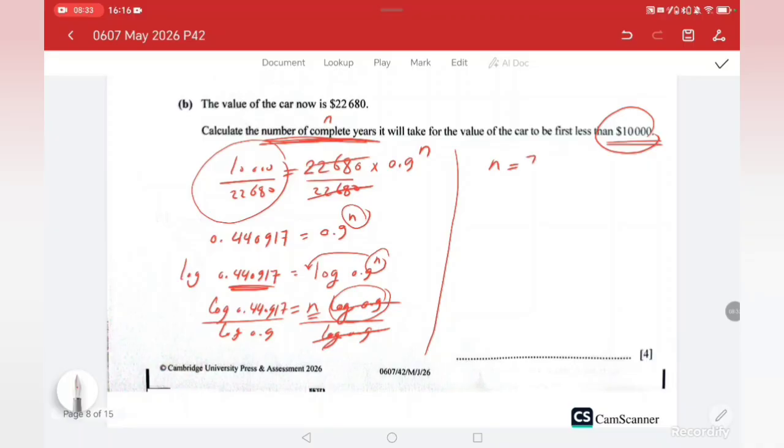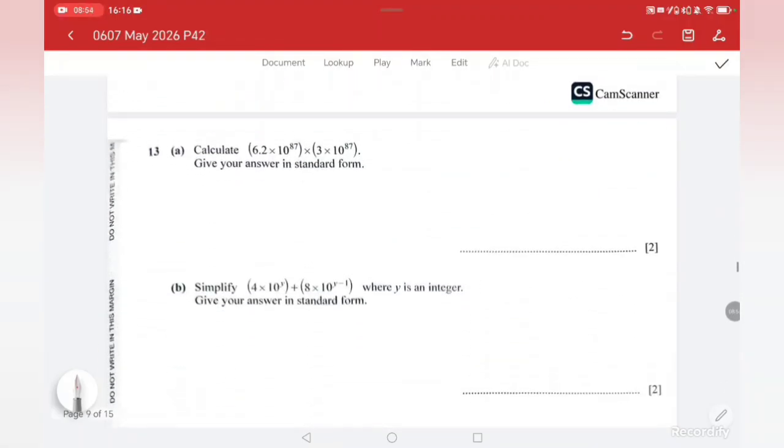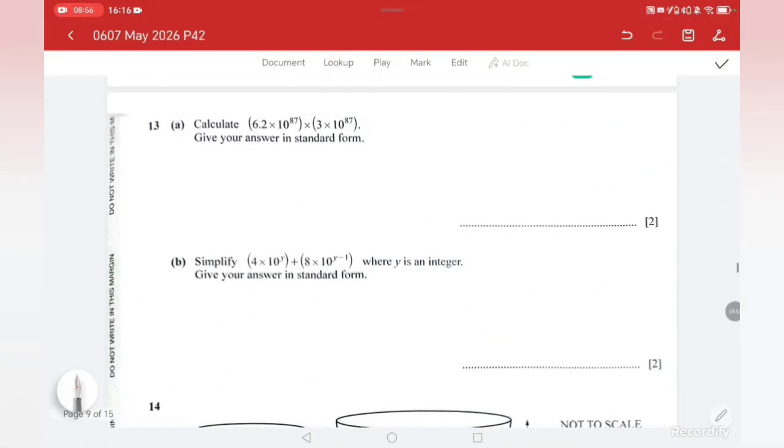So the answer is 7.77. So this is the number of years for the value to be exactly 10,000. To decrease to less than 10,000, you will need 8 complete years. So the answer is 8. Okay, next one.